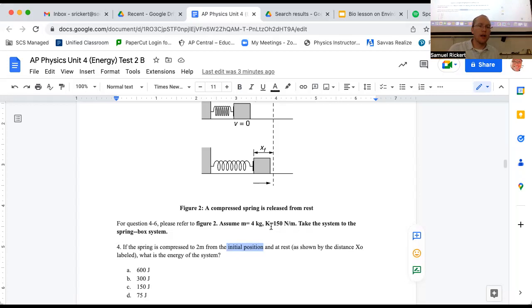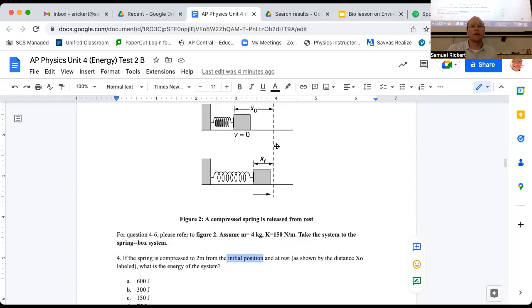Or you can just remember energy is always joules. So the answer is 300. Importantly, on the AP test, sometimes they try to trick you by giving you other distances. So the energy is always from compression. Whatever you compressed is the energy.